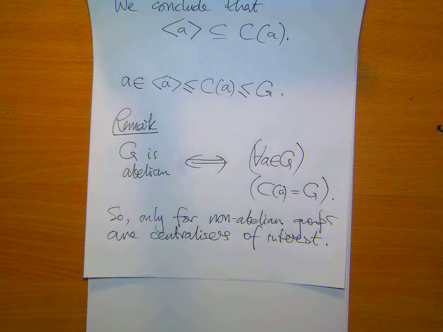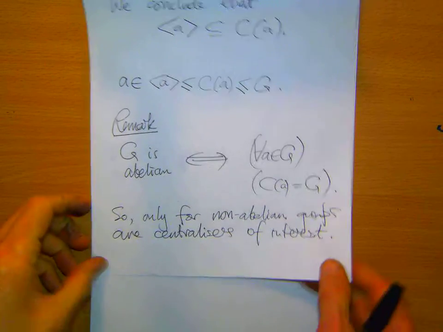So our examples will be for non-abelian groups. So we should do a little example. And there's an example on your coursework as well for you to do.